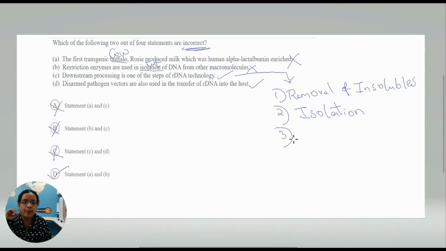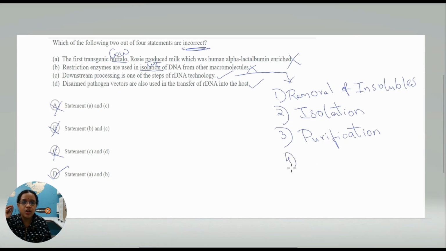Third is purification. After isolation, your protein or product is still contaminated with various other substances. So, it is purified by using chromatography or crystallization techniques so that a completely 100% pure product is obtained.